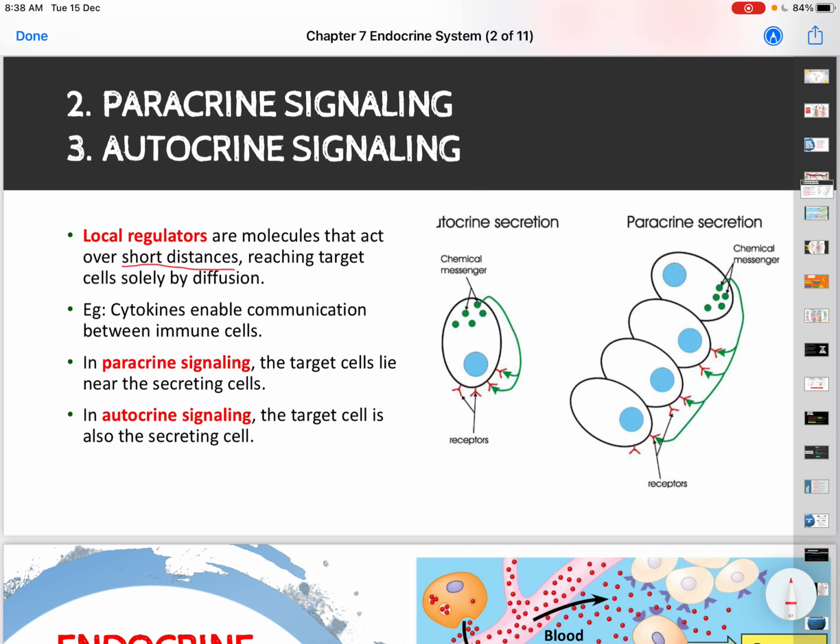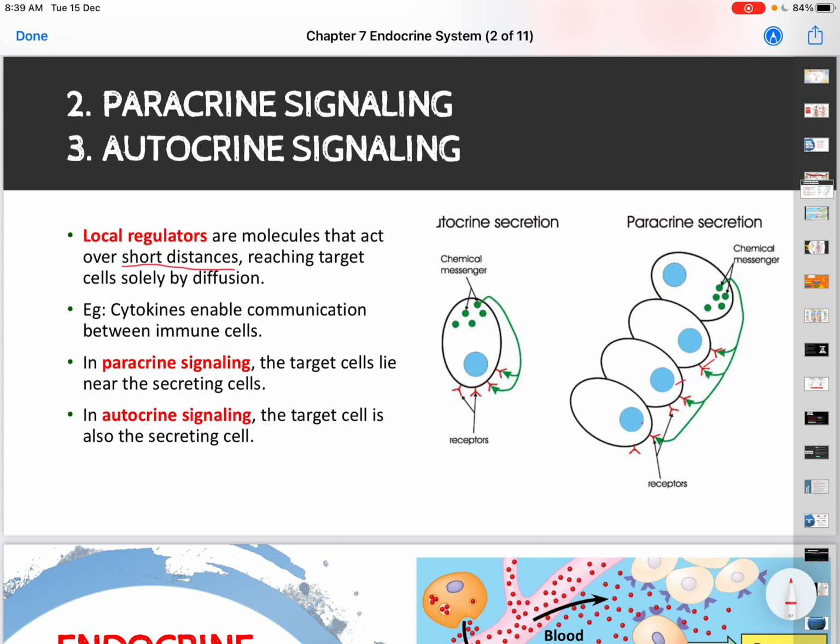So let's see the paracrine. What happened? The target cells lie near the secreting cells. This is the chemical messenger, this is the target cell, which lives near the secreting cell. And for autocrine secretion, the target cell is also the secreting cell.